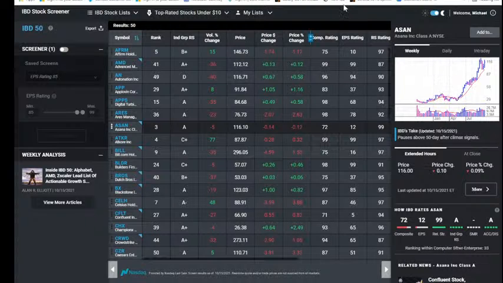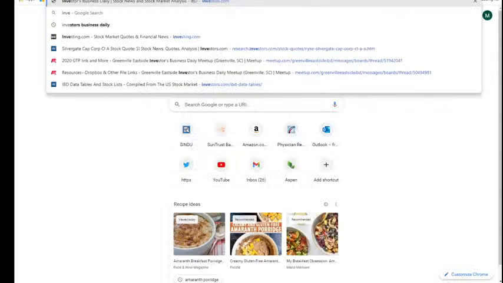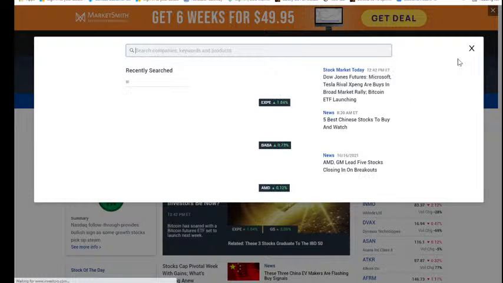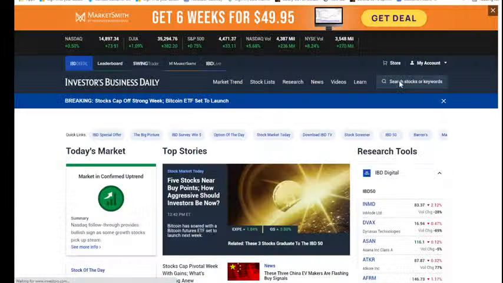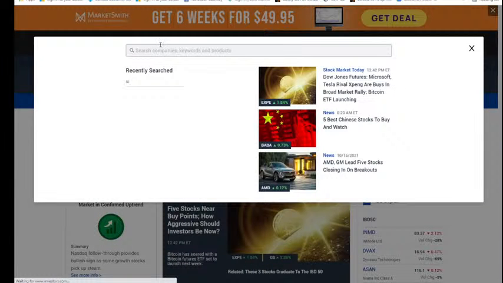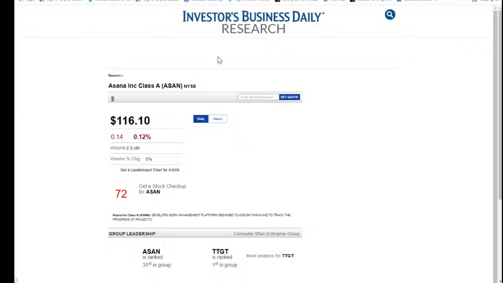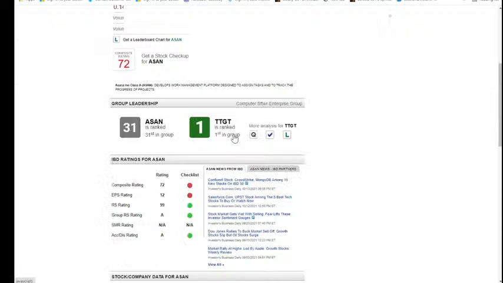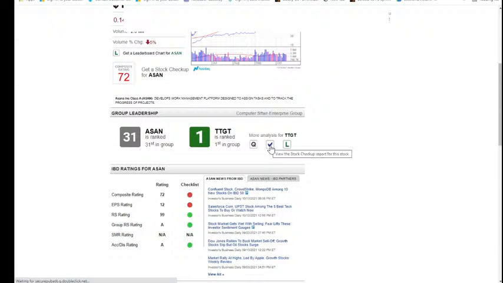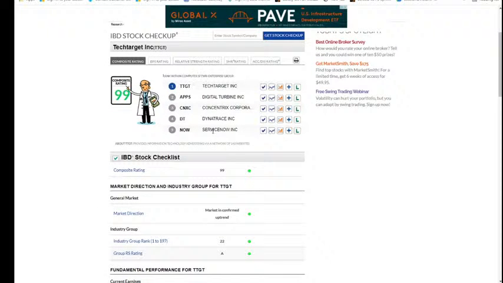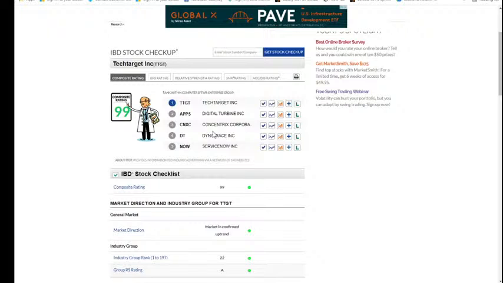So then what we can do is go to investors.com, and if you want to look for other candidates within that group, you can pull up Asana, and then we can go with what they call the stock checkup report, and then that will give you other candidates within the same group.